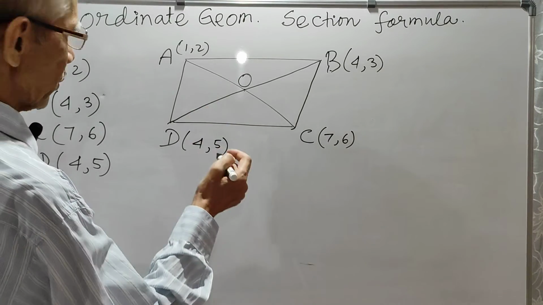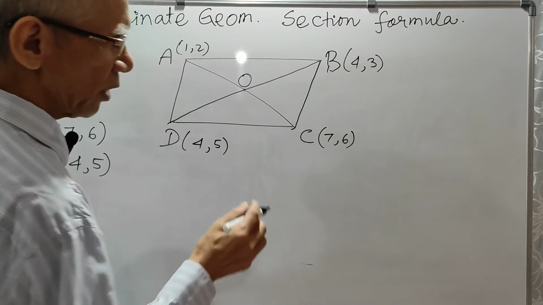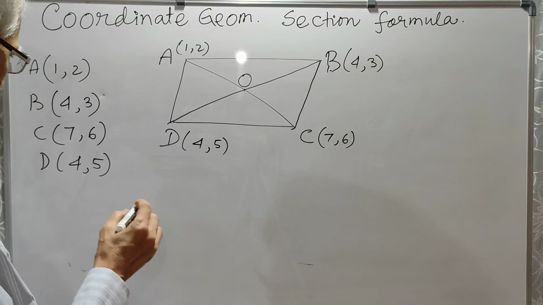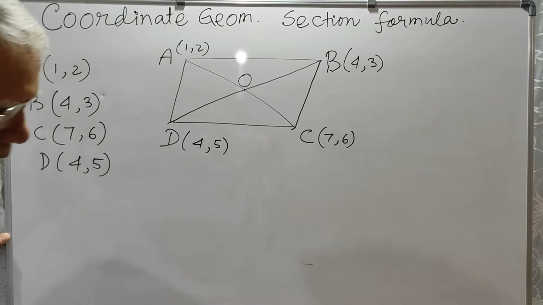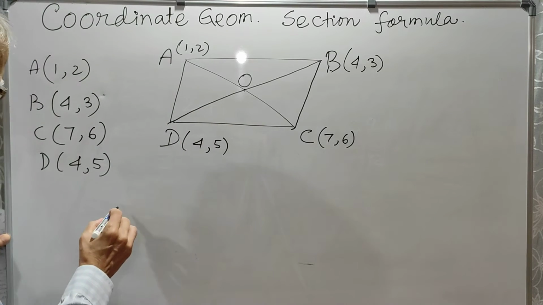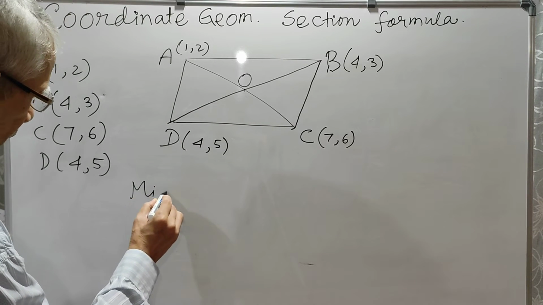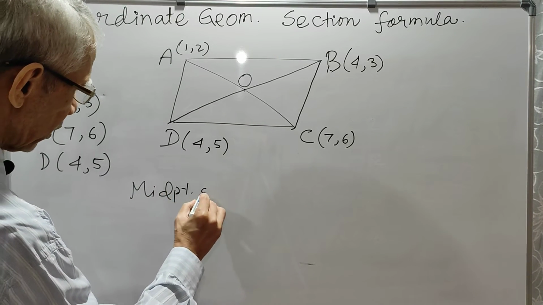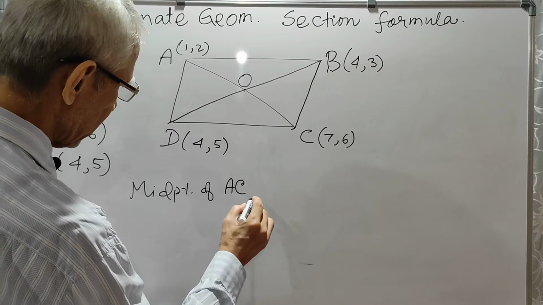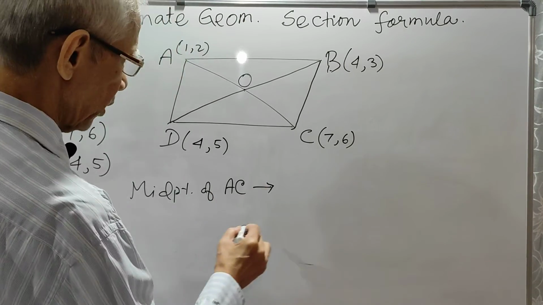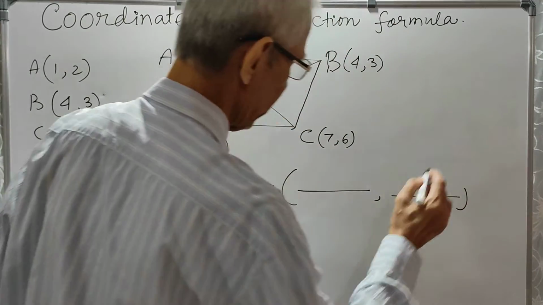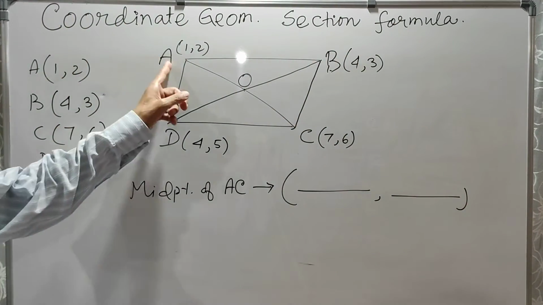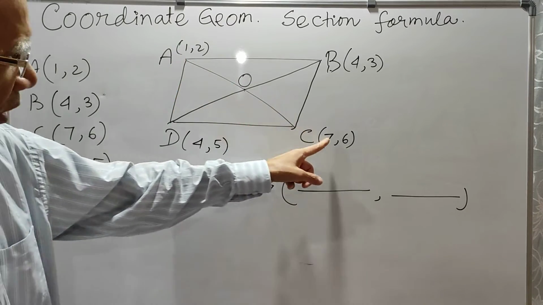Now here we have to use the midpoint formula. Midpoint of AC. So using the midpoint formula, what will be the midpoint of AC? X1 plus X2 by 2.